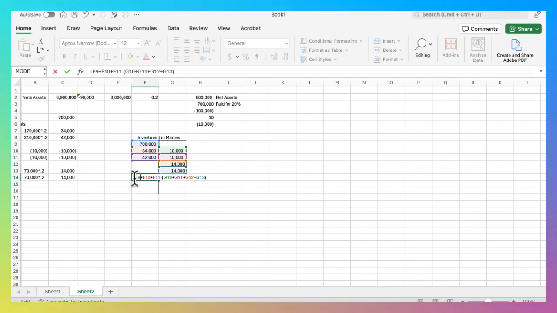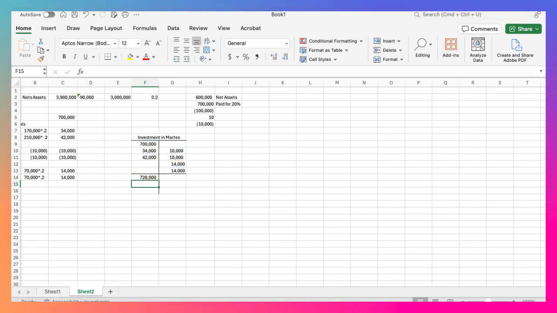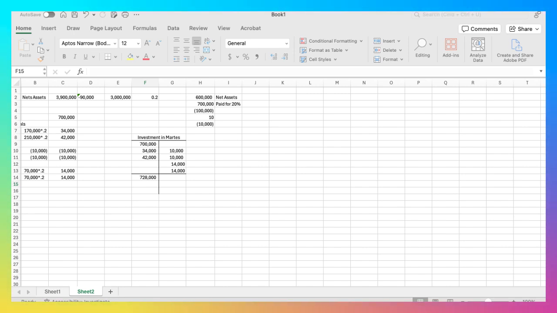Let me fix the formula here to get it to calculate correctly. Okay, we end up with $728,000. That is the balance that Domenico reports in Mart's company at December 31st, 2024. So our answer is in fact A, $728,000.